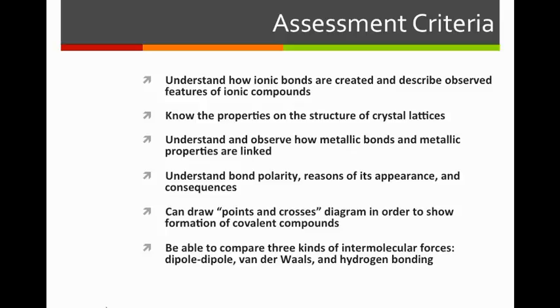We'll make sure you know how to use dot and cross diagrams in order to show the formation of covalent compounds. And we'll also look at three kinds of intermolecular forces: dipole-dipole, van der Waals or London forces, and hydrogen bonding.